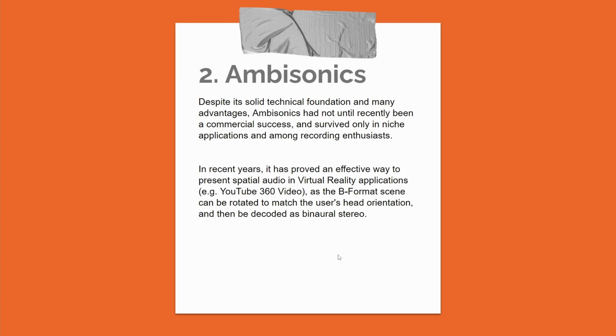So despite its technical foundations and many advantages, ambisonics obviously has not been until recently a commercial success and has only survived in niche applications among recording enthusiasts, mainly because it's really difficult to decode those things and tell the ambisonic B format what are you listening on.